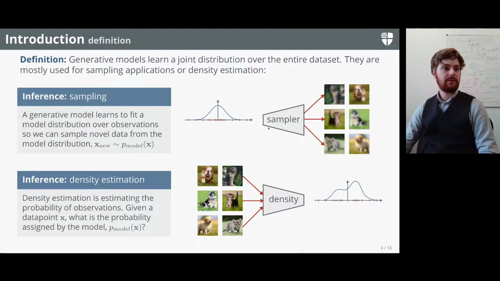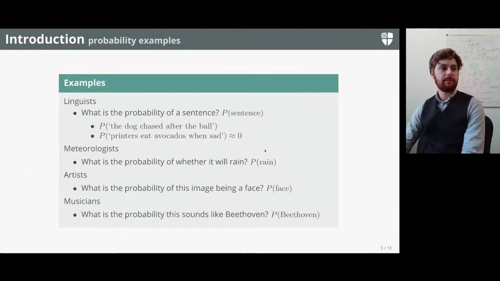So we call this the sampling problem, where we sample some new data of some dimension from the model, and the other one is estimating the likelihood of the data. How probable is this kitten, or how probable is this dog? What is the probability of it having occurred in the actual data that this model was trained on? So this is the density estimation problem, and this is the sampling problem.